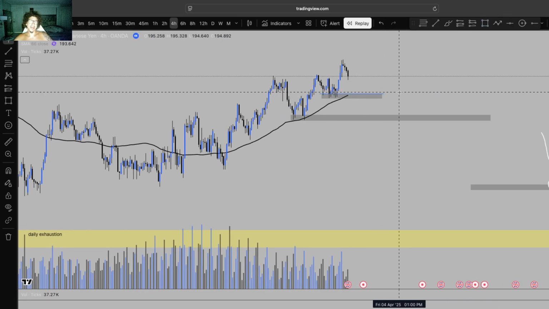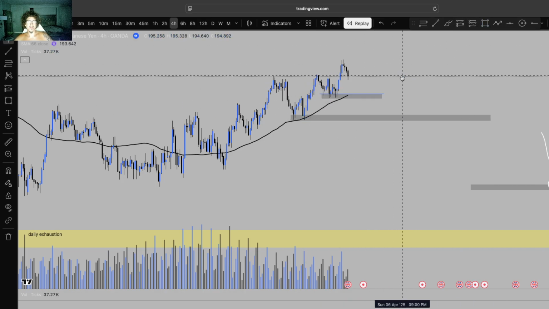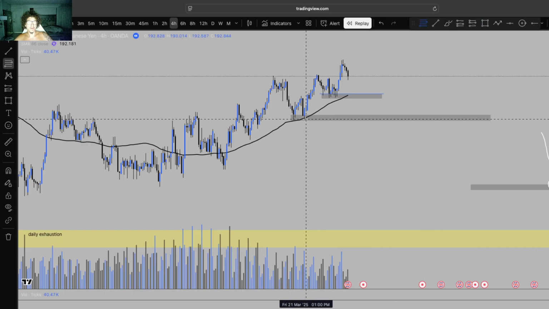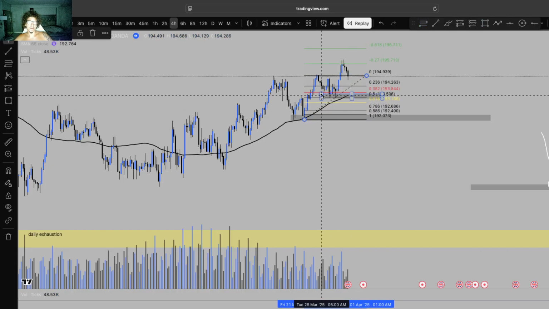Could it break it? Yes, it could break it. The reason why I have that exhaustion level there is because it's a real higher low. You get me? Real higher low at the exhaustion.